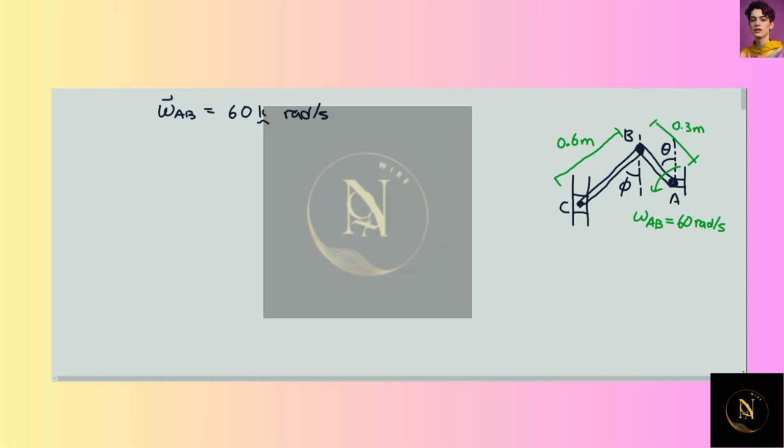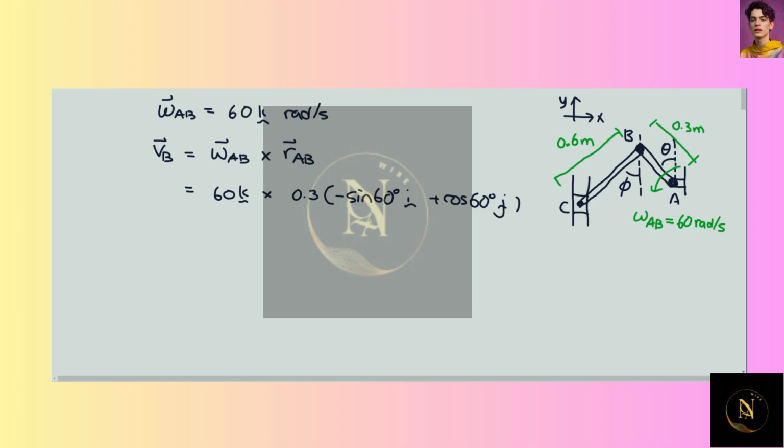Then we need to find the velocity of point B. This is just omega AB cross the position vector from A to B. So this is 60k cross 0.3 times minus sine 60 degrees i plus cosine 60 degrees j. We are using this coordinate system, which is usually the one you'll use unless otherwise stated.